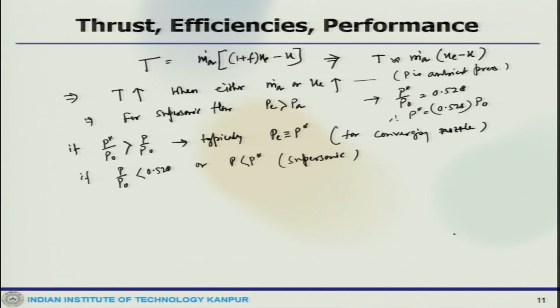Another thing one can see is that thrust is proportional to m dot A and u e. Okay. So, if u e is quite high, thrust depends on the incoming mass flow rate and the exit velocity.